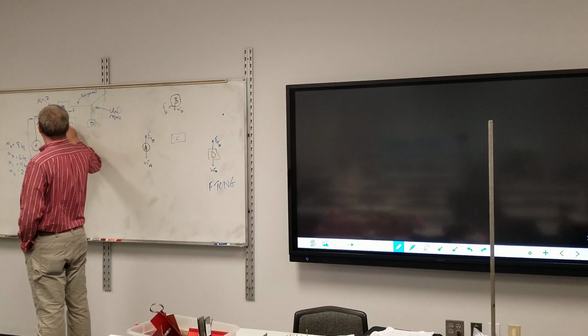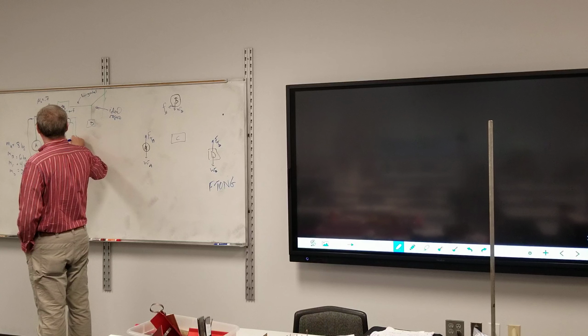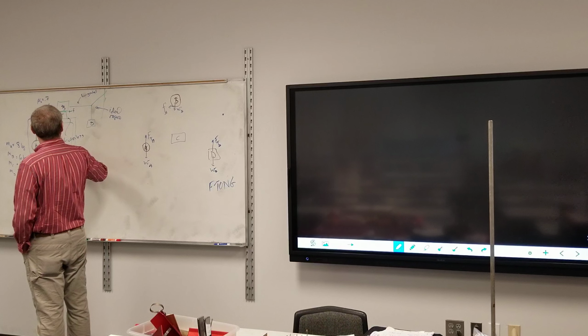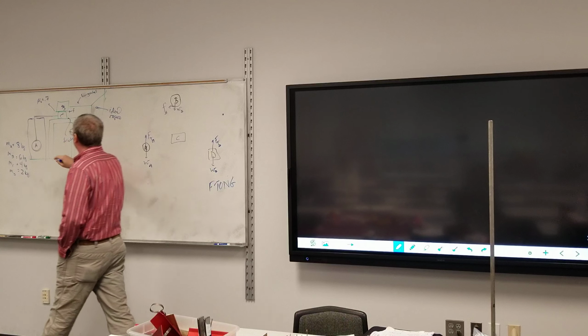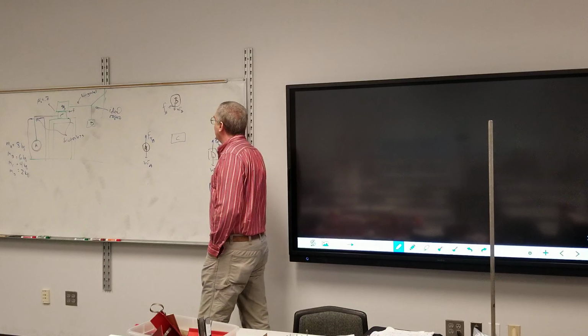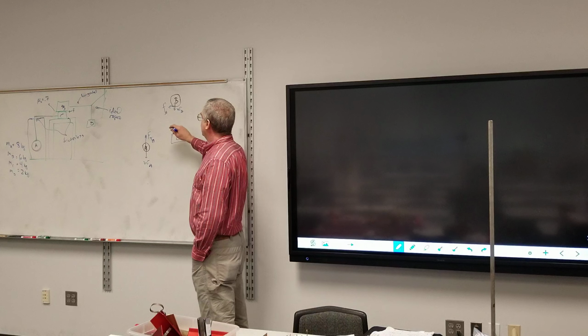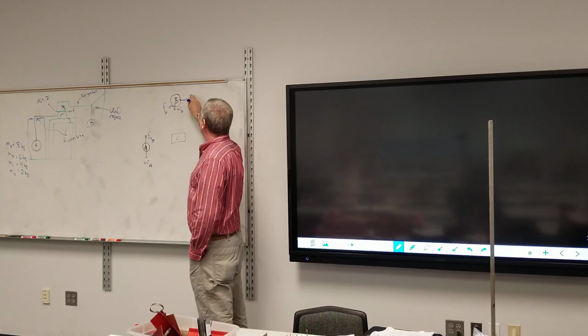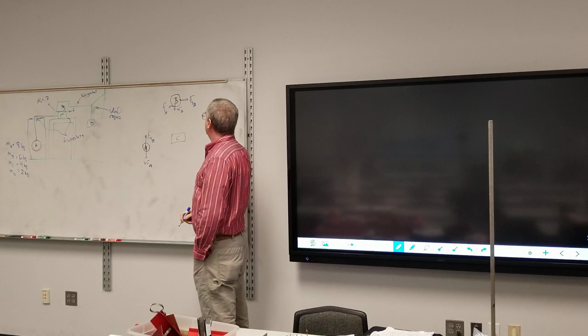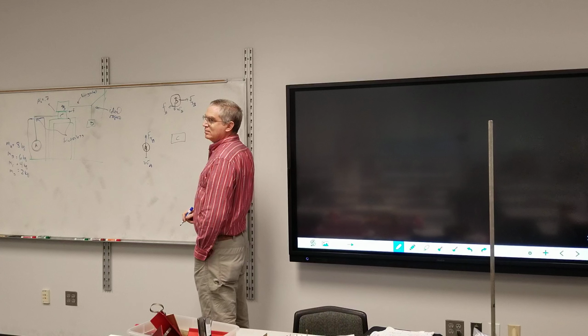Yeah, no, that's not necessary. Let's go ahead and mark this as frictionless, and frictionless here too. And then there's tension going to the right, and then normal force going up.